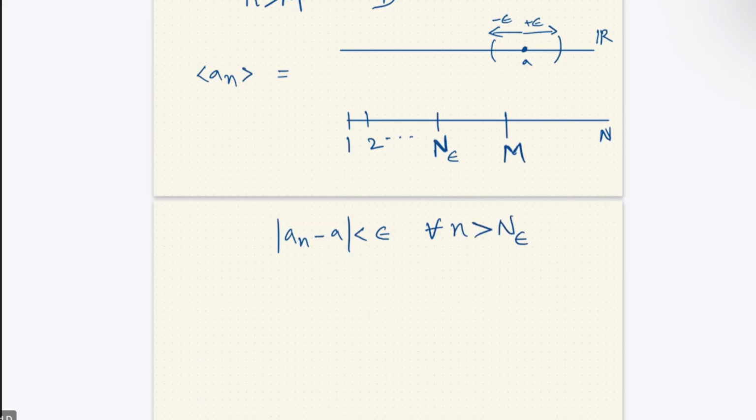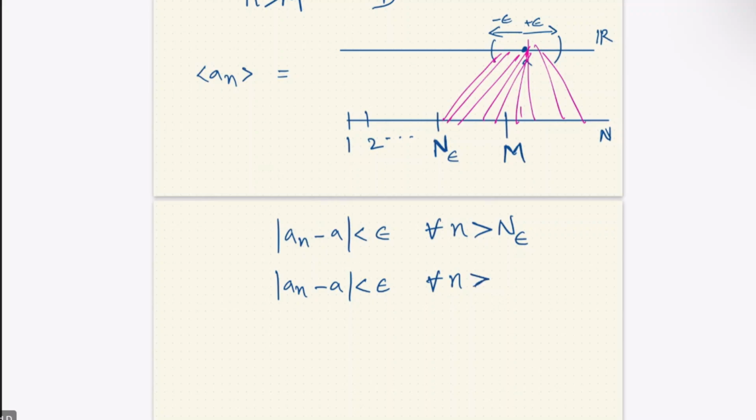That means all these are falling inside this one, no matter whatever epsilon you give. Now if I ask you about an minus a with the same epsilon, I'm not changing my epsilon, for all n greater than m, this m is much larger than N epsilon.